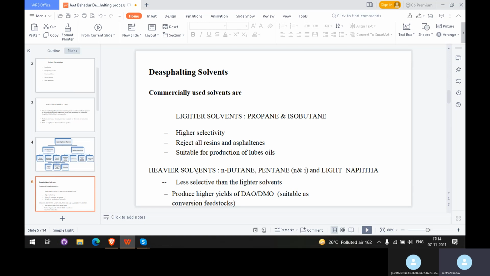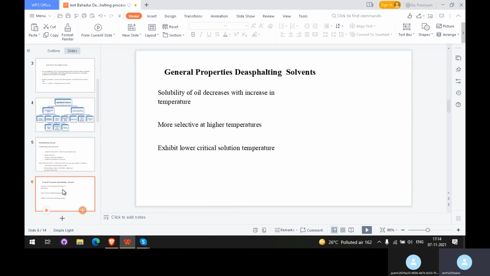Further, we have heavier solvents like n-butane, pentane, basically normal and iso, and light naphtha. So light naphtha basically has less selective property than the lighter solvents, and it produces higher yields of deasphalted oil or DAO, suitable for the conversion feedstock. So further we have the general properties of deasphalting solvents, like how they behave when the temperature increases or decreases.